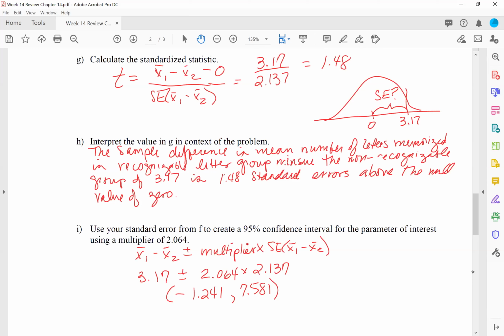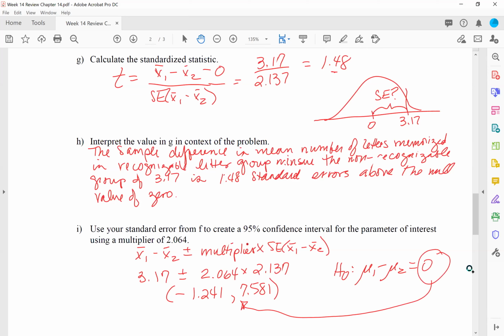The 1.48 is telling us we have little to no evidence against the null, but what about the confidence interval is telling me I have little to no evidence against the null? Weren't both of the X bars like 14? Does that have anything to do with it or no? No, it has to do with the fact that in our null, we're going to assume that the difference in means is equal to 0.